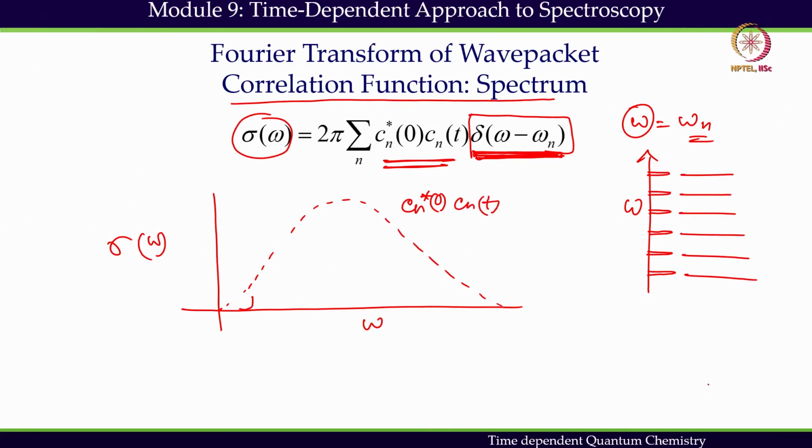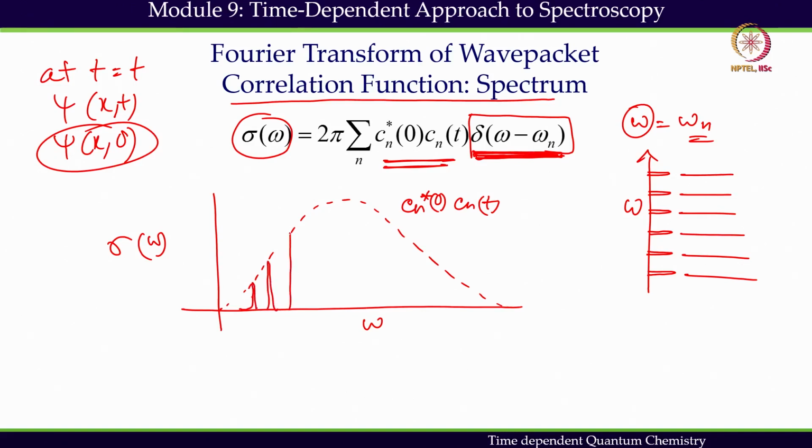So what I need to do is find out what my wave packet is at time t and correlate it with respect to x0. Once we correlate it, I can Fourier transform that correlation function and I get back the spectrum.